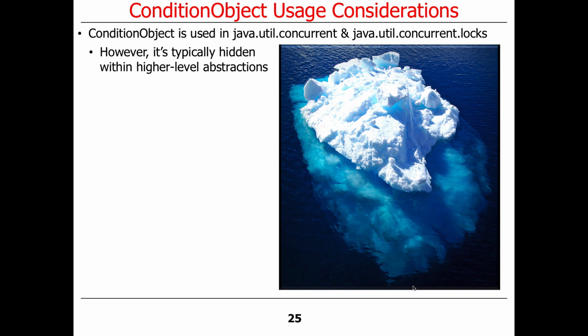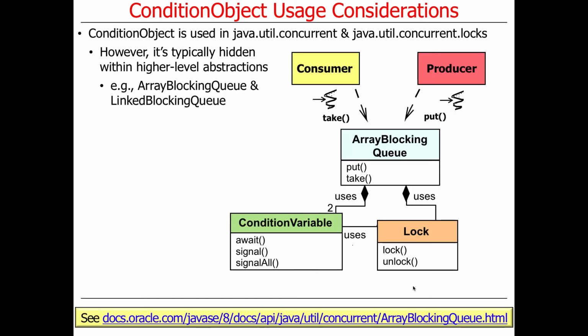As a general rule of thumb, though, you typically hide it behind higher level abstractions, because programming directly to condition objects is very tedious and error prone, so we encapsulate it within these other classes. And then they provide us with a nice message passing abstraction that has higher level semantics like take and put that block, depending on the conditions, but the conditions are hidden from you mercifully.